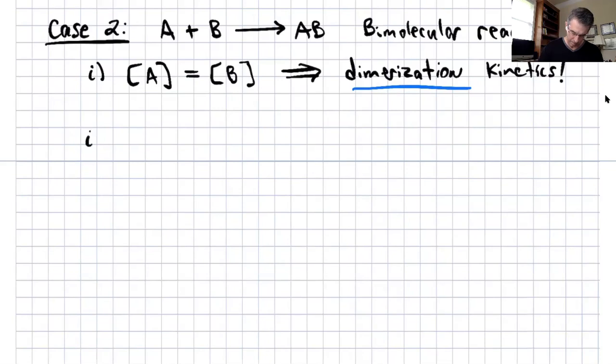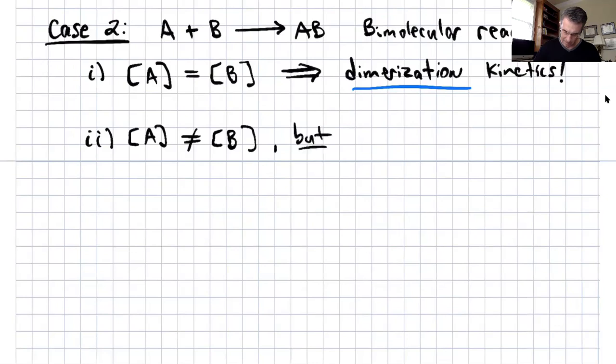All right. What happens then if the concentration of A does not equal the concentration of B when we start the reaction, but neither is in large excess?